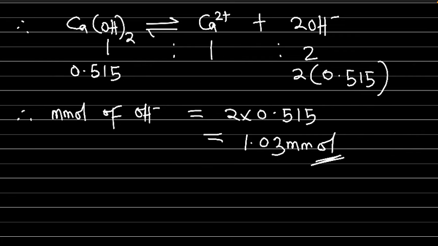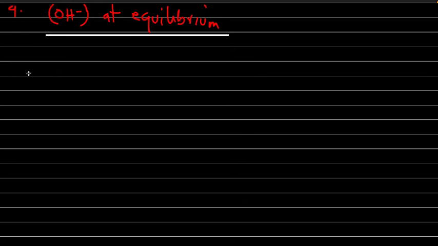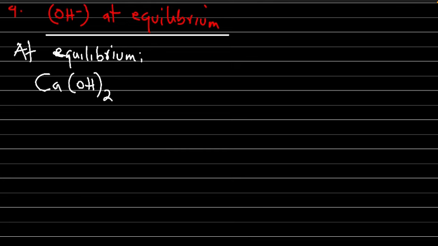Question number 9. So say OH at equilibrium. Now at equilibrium, calcium hydroxide, we have this.